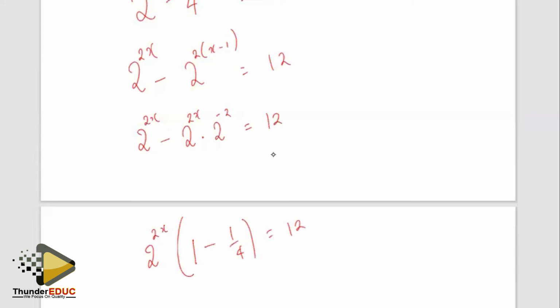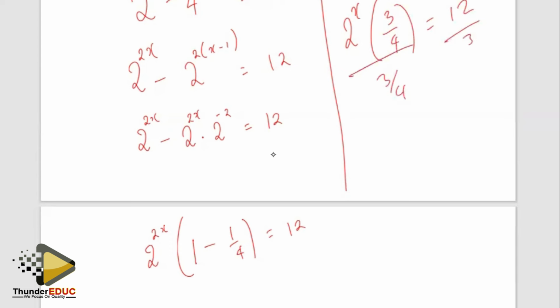Then what I can notice is that 2 to the 2x can stay there. When I apply this in my calculator, that's going to be 3 over 4 is equal to 12. Then I'll divide both sides by 3 over 4. So that cancels that. 2 to the 2x, this must give me a 16.